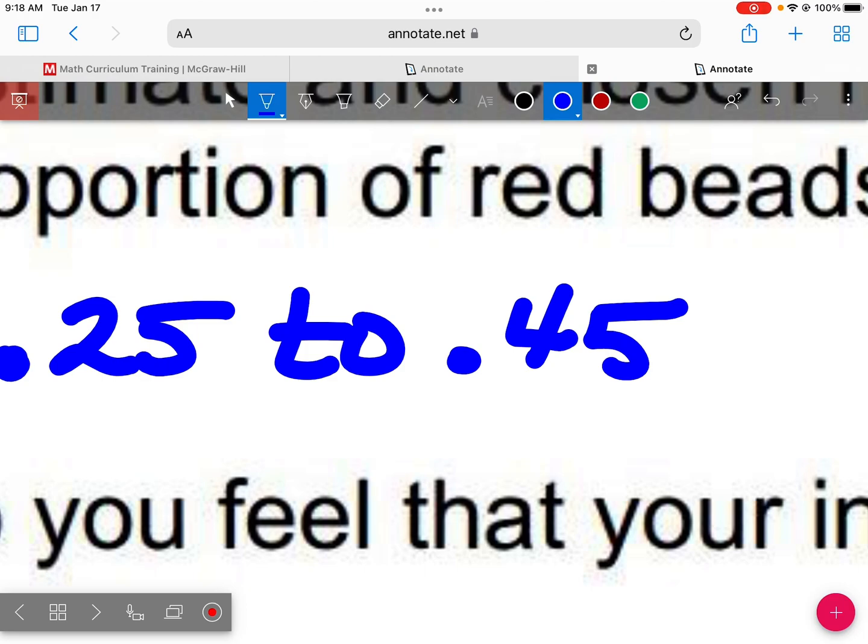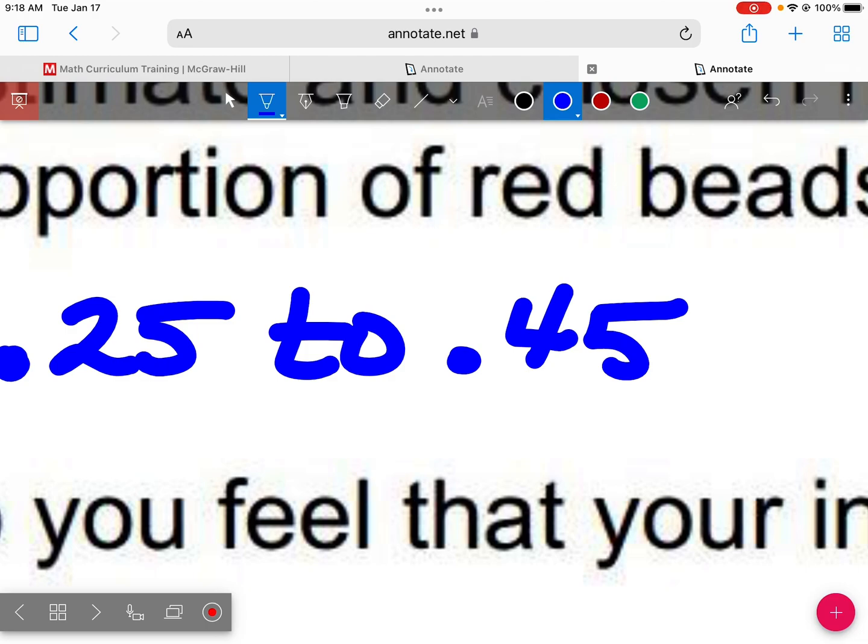Parker and Annalise, what do you guys have? 0.4 to 0.6. You said 0.4 to 0.6? What do you guys have? 0.5 to 0.6. Grayson, what do you guys have? 0.35 to 0.45.